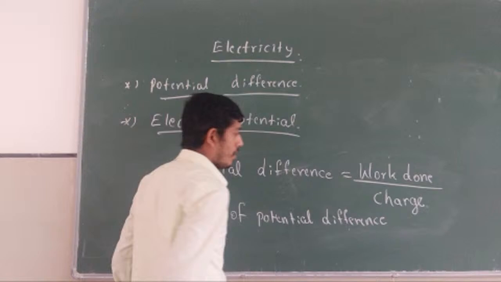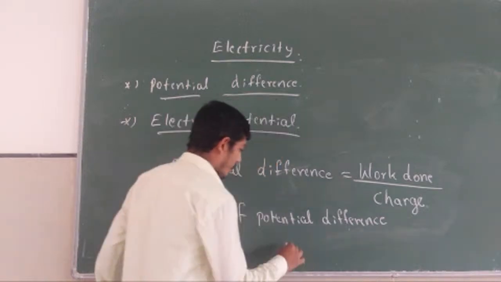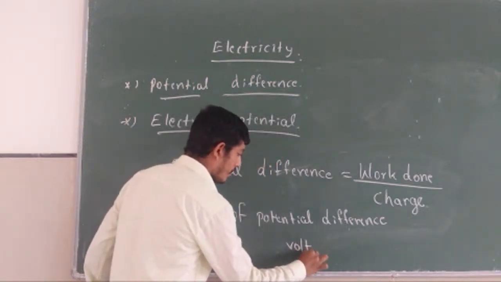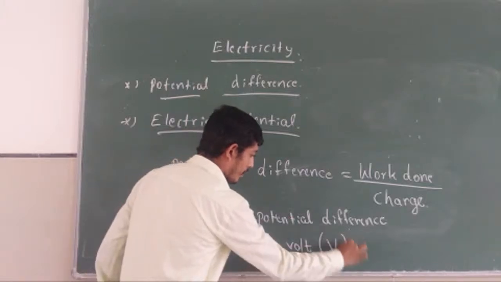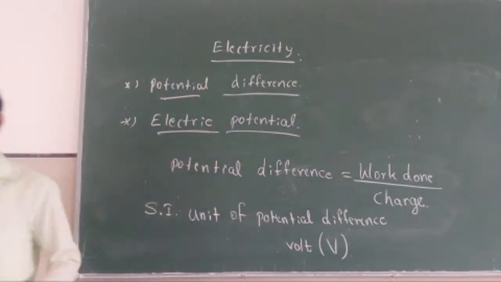The SI unit of potential difference is volt, small v or you can write capital V. Just note that down, or mark that point in the textbook. So that is the SI unit of potential difference.